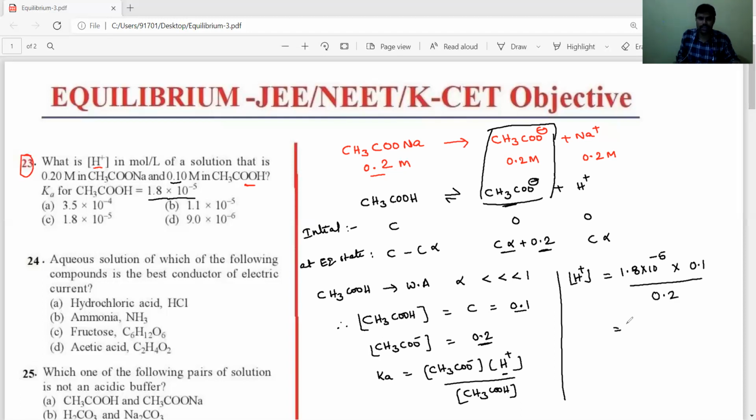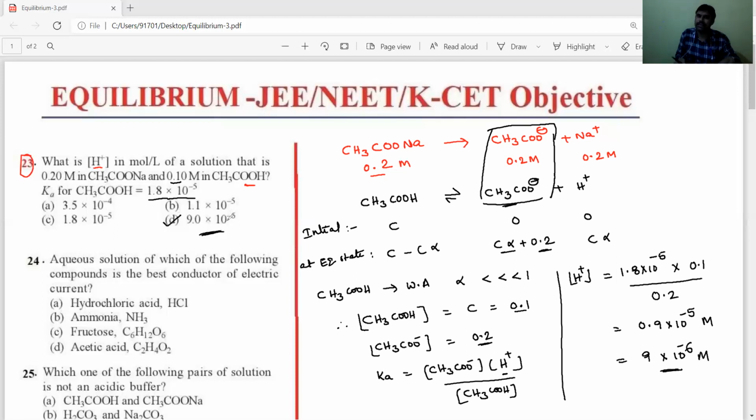On simplification we will get 0.9 into 10 to the power of minus 5 molar. Okay, this is nothing but 9 into 10 to the power of minus 6 molar. Okay, students. So the answer is D option.